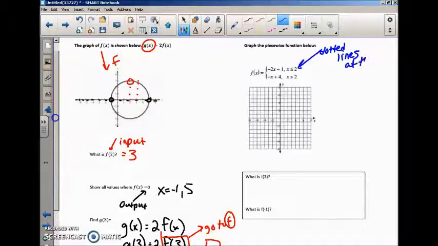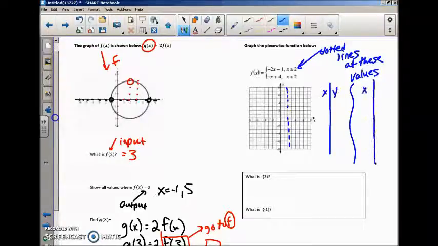So the piecewise function: first off, wherever the intervals are, meaning the x values that you're allowed to use, take those numbers and make dotted lines at those values, because that's going to separate the two sides of your graph. Then, if you have two functions, which we do here, create two tables. As far as what goes in each table, that's dependent on the x values shown for each function.